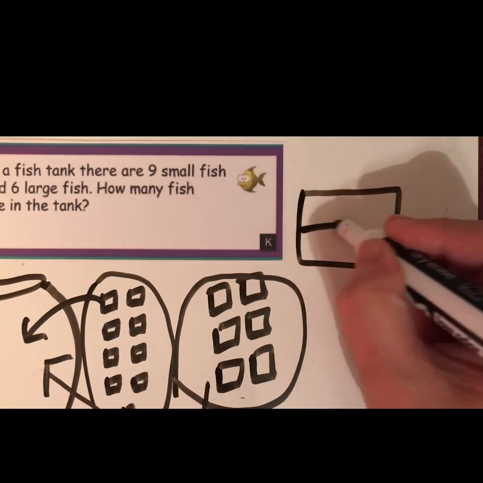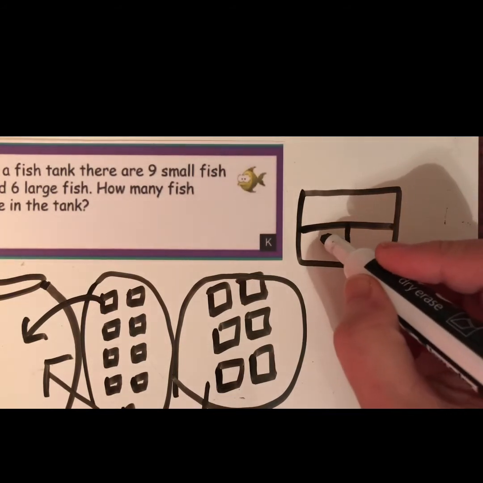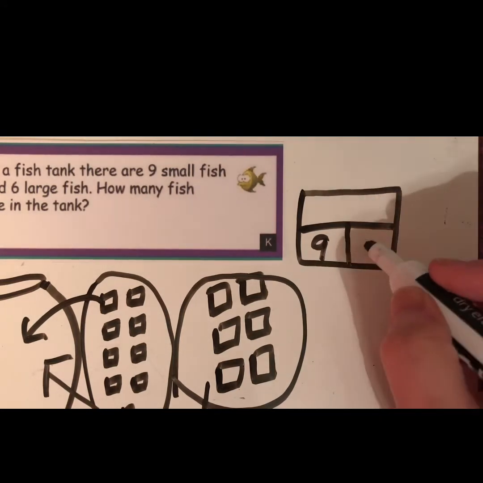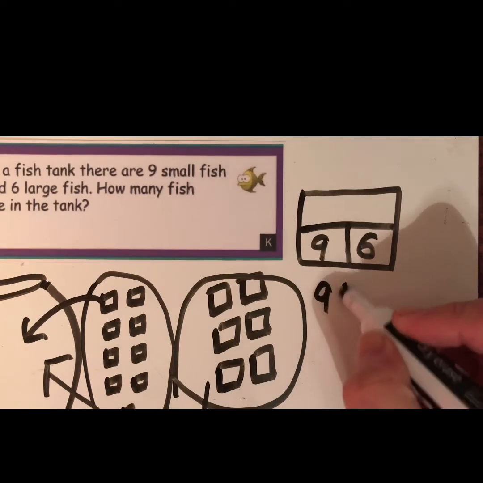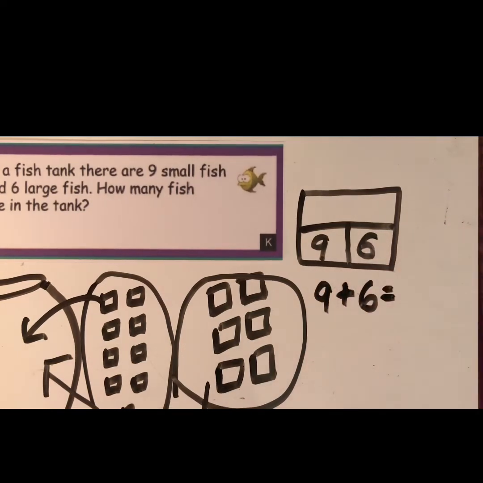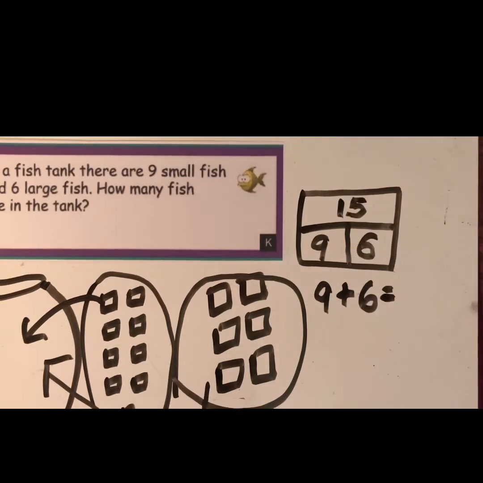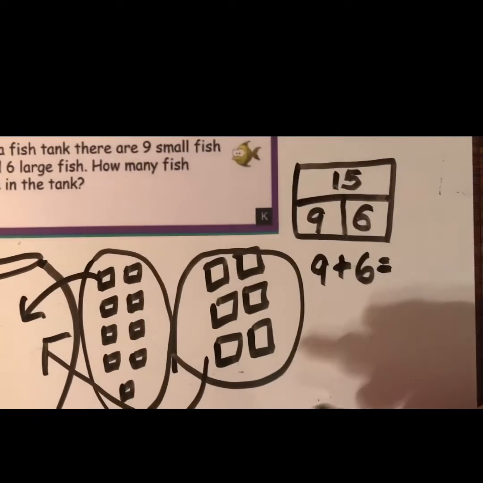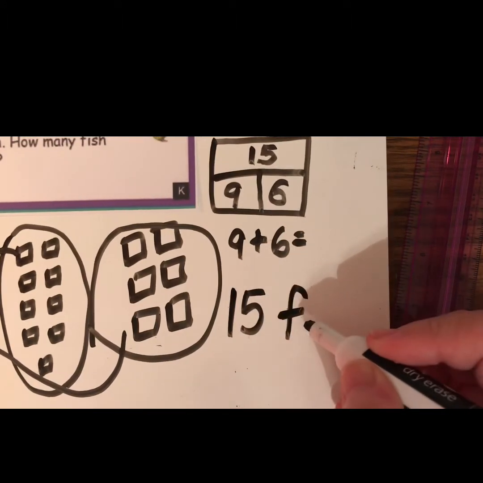If I make a part whole, we know that one part are the 9 small fish. We know that the other part are the 6 large fish. So when I know my 2 parts, I know from my fact families that I need to add to get the total. So the answer would be, how many fish are in the tank? 15 fish.